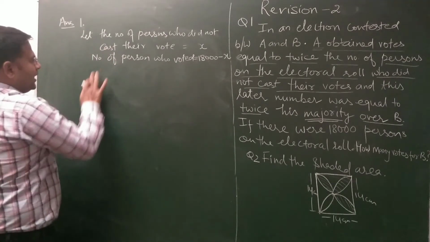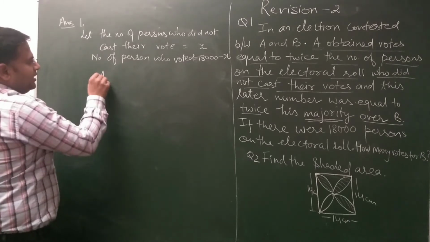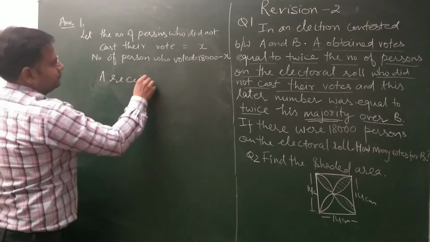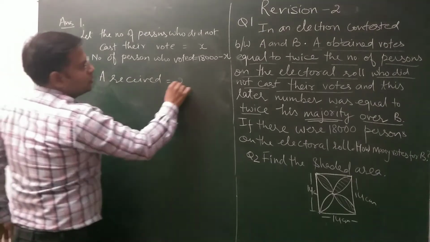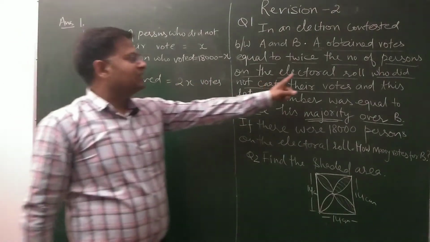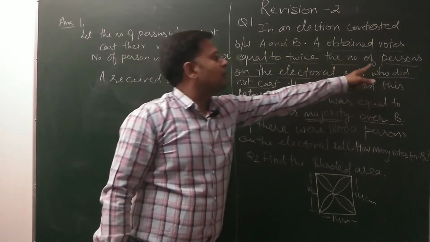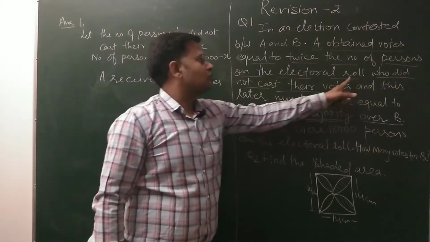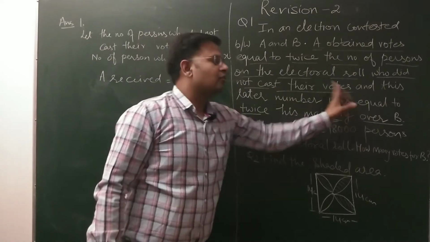So as per the question, A received 2x votes, because it is clearly mentioned that A has received twice the number of persons on the electoral roll who did not cast their votes.